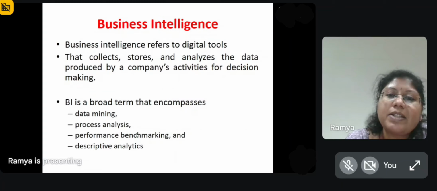Now we'll start with business intelligence. First we have seen about big data. Next, we are seeing about business intelligence. In between, we are seeing about the data mining concepts. So all these are related. When we are talking about the data ecosystem, the data warehouse, and similarly big data, all these three are considered to be important.